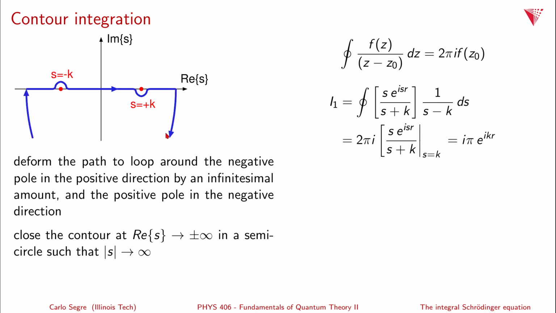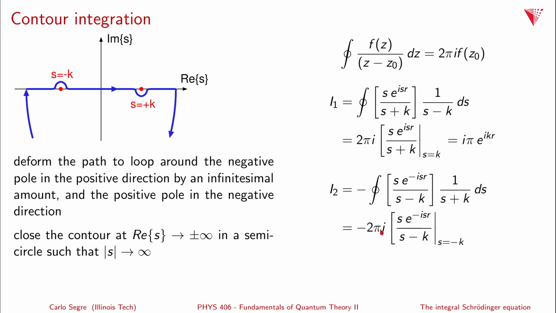Now we're going to go in the negative direction, the clockwise direction, around the negative infinity for imaginary s for the second integral. And the second integral has a minus sign in front of it. It's s e to the minus ISR over s minus k, and then we have the pole at 1 over s plus k integrated over ds. And again, here we have minus 2 pi I, s e to the minus ISR over s minus k, evaluated at s equals negative k.